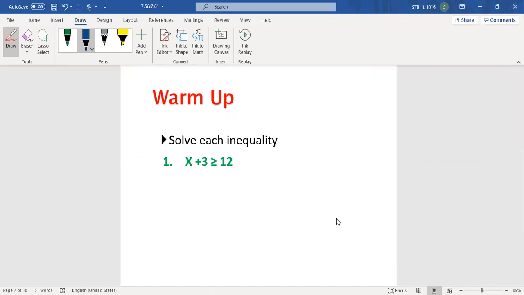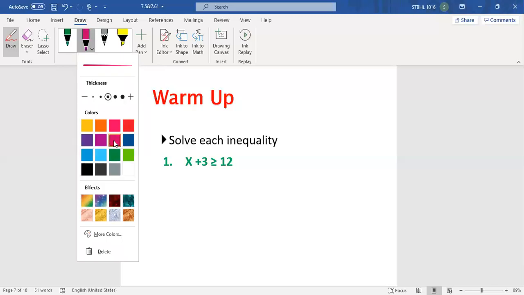As with one-step inequalities, we can solve two-step inequalities with the same method. The main idea is to isolate the variable by itself by undoing the operation. What is the operation performed on the variable x? Adding. So I will undo the add by subtracting 3 from both sides.